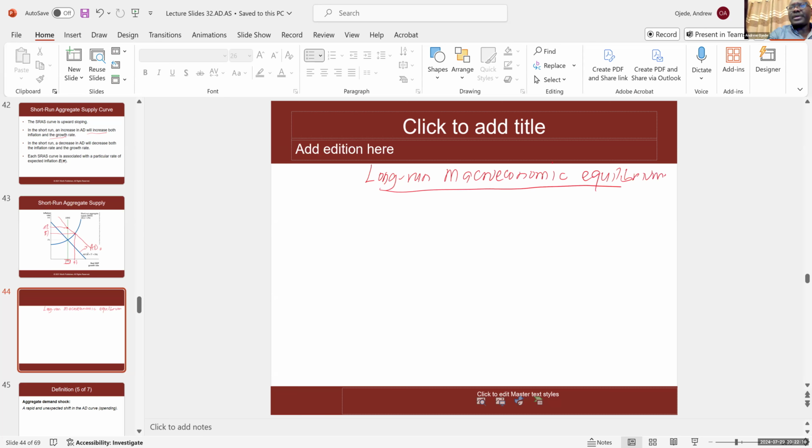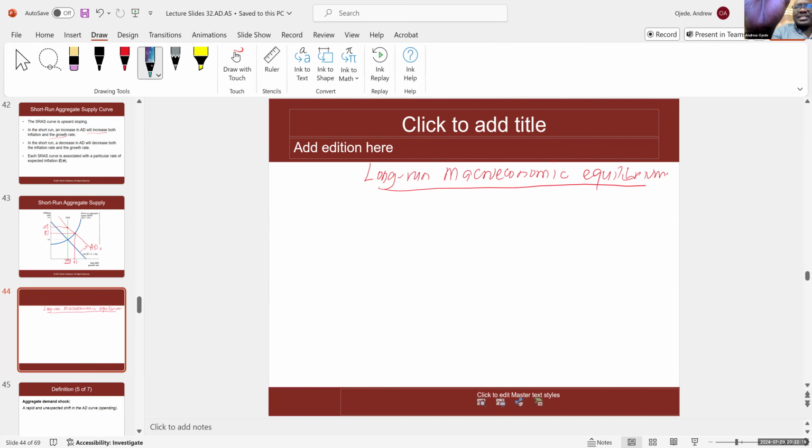So long-run macroeconomic equilibrium basically means the point of intersection where all these three curves intersect at one point. So we have our real growth here on this axis, and then we have inflation on this axis, pi.